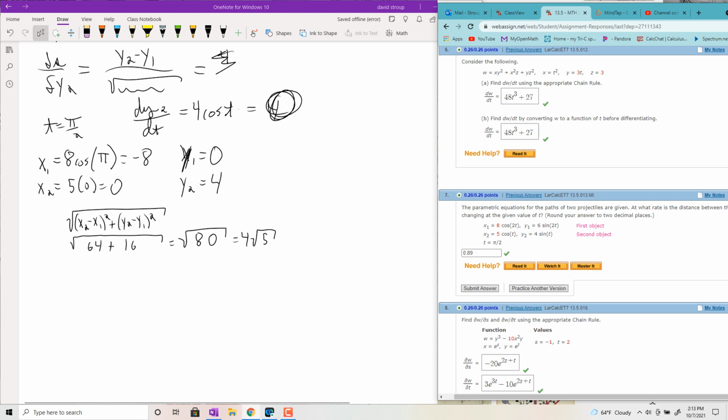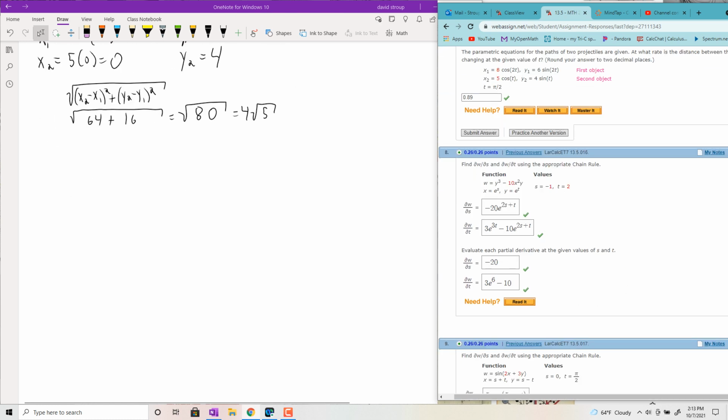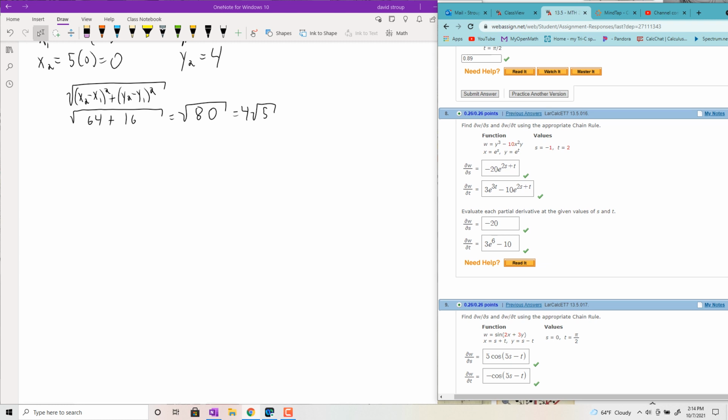Okay, moving on then to now 2 independent variables, and you see problems like number 8. W is in terms of y and x, and then x is in terms of s, and y is in terms of another variable t. Okay, so section 2, I guess, we have 2 independent variables.